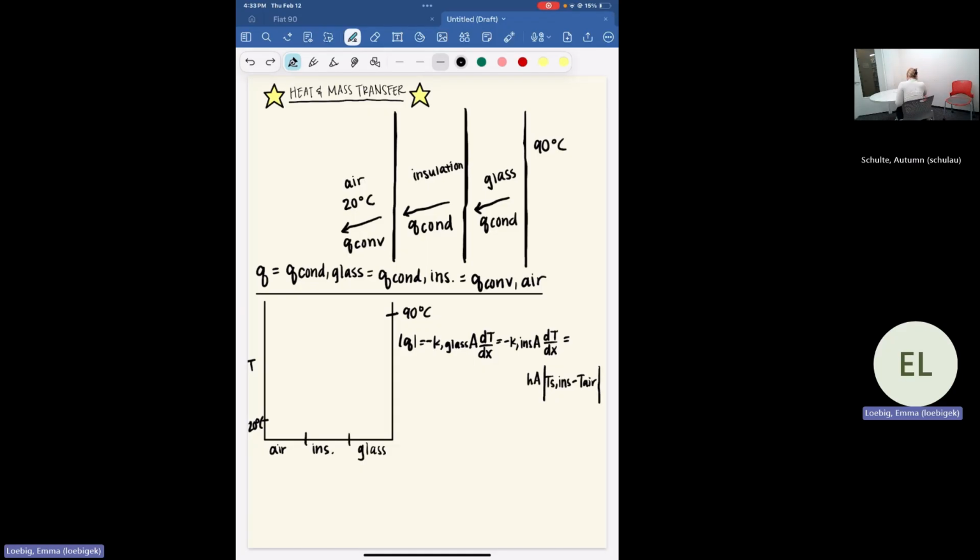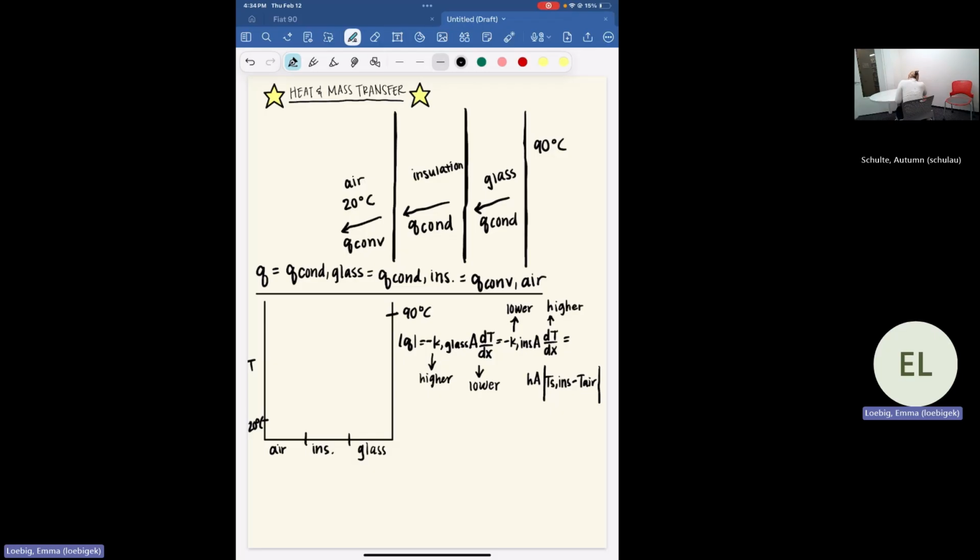Now, how do we sketch a temperature profile for this? Well, let's think this through logically. We know that the thermal conductivity of the glass is going to be higher than that of the insulation. And if these two terms are equal and area is the same, we know that the temperature gradient of the glass must be lower than that of the insulation.